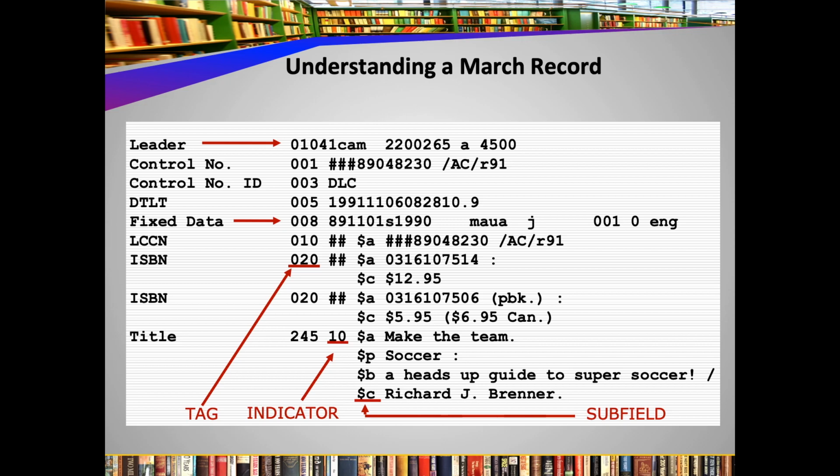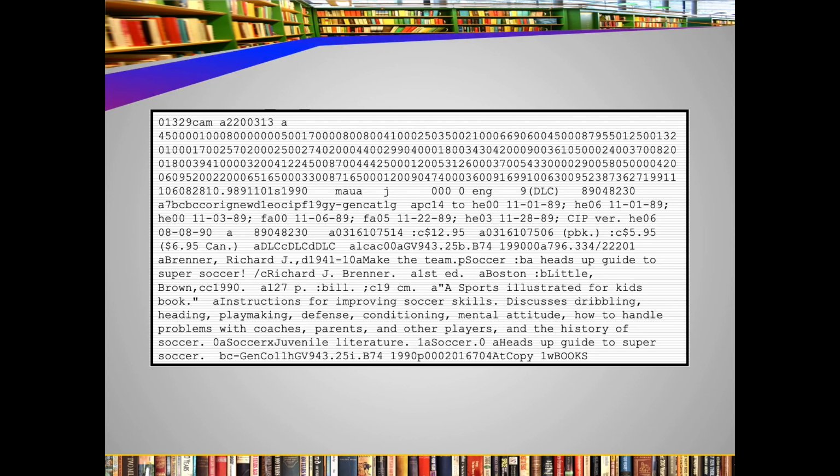Understanding a MARC record. This is an example of how tags, indicators, and subfields are used in MARC records. Fields and subfield codes are represented using a symbol. And for each record, they use punctuation to differentiate one record from another.